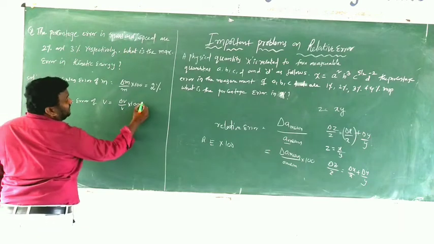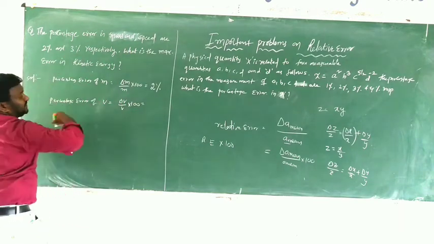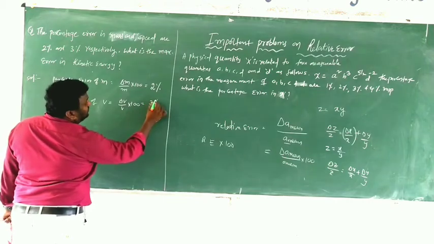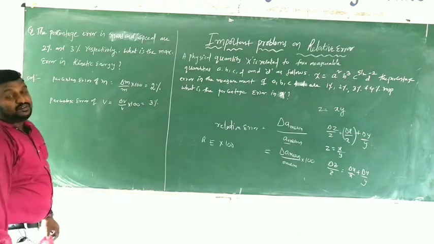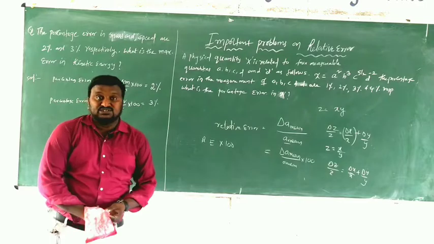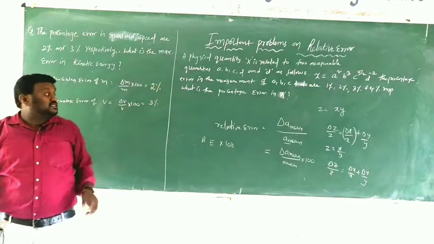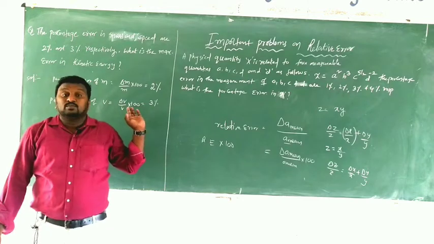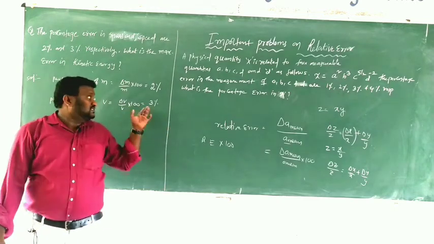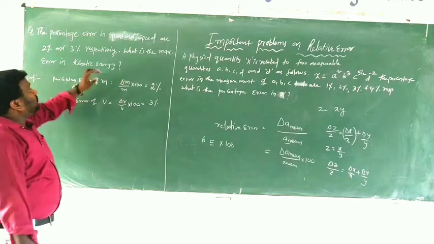Clear? That is given as 3%. So the given values are mentioned like that. The percentage error of mass is 2%, and the percentage error of velocity or speed is 3%. Now what do you have to find?